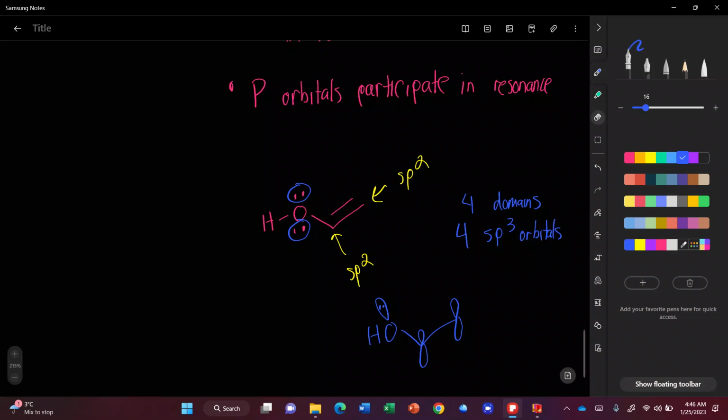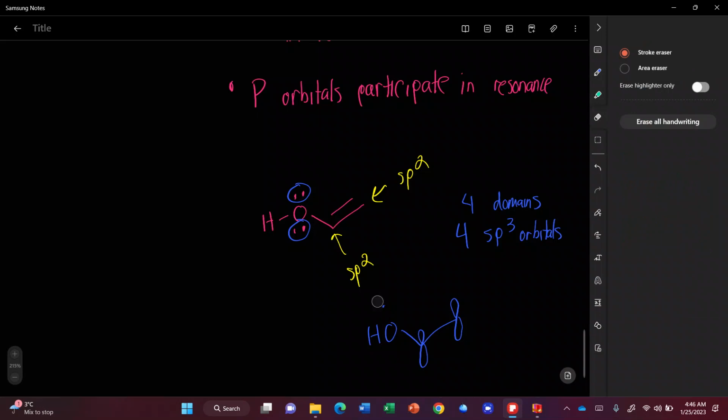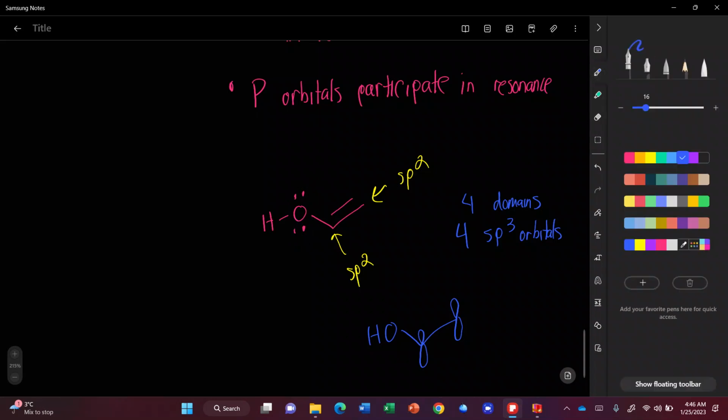But if I make this oxygen sp2 rather than sp3, then that allows me to have a leftover p orbital. And if I have a leftover p orbital, I can put one of the lone pairs in that leftover p orbital. I'm going to make these p orbitals a little bit bigger.